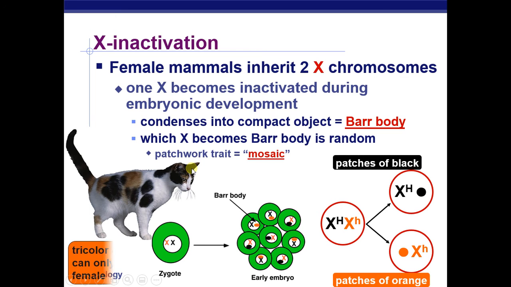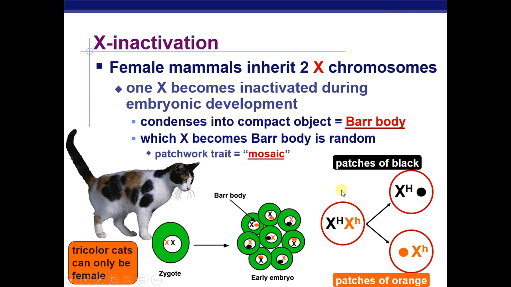So that's why, for example, you end up with these calico cats that have these tricolor patterns. They're all female because this color distribution is related to the X chromosome, and the patchwork nature is kind of like a roadmap showing you where the different descendants of these original cells that had random X inactivation ended up migrating to.